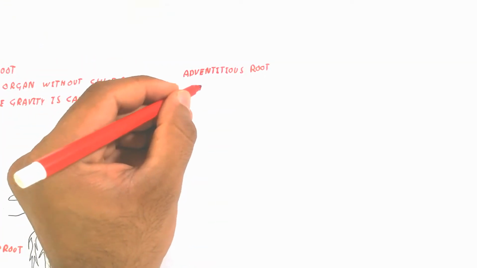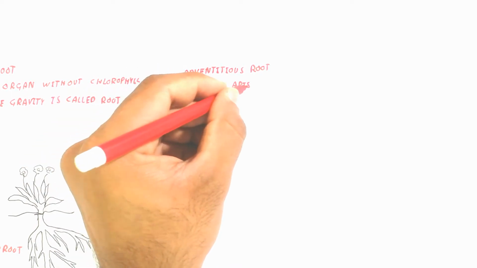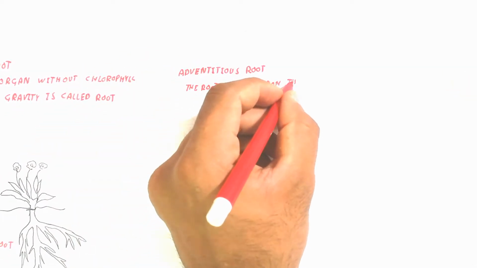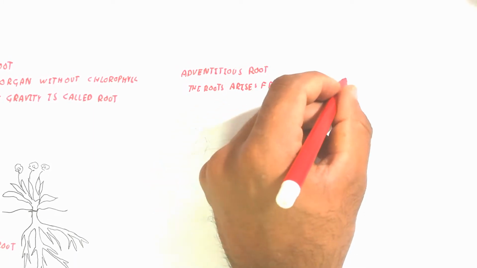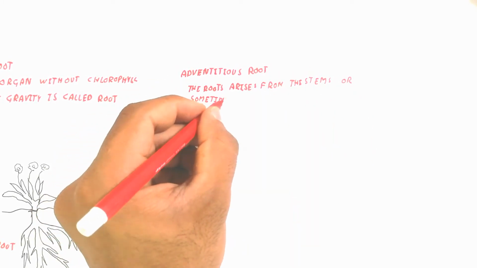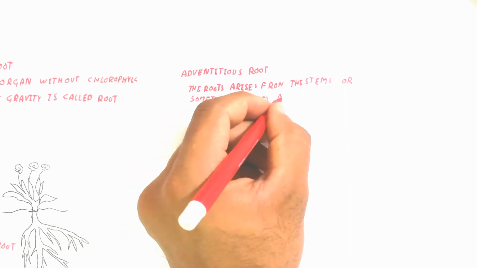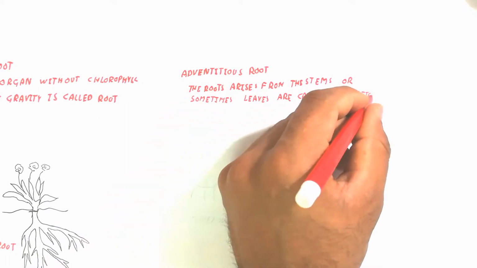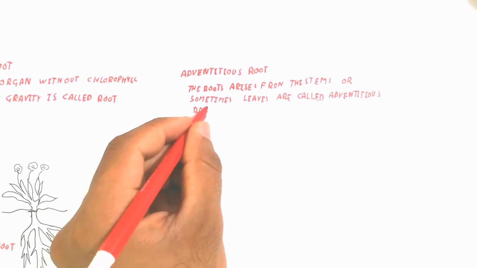So here is the adventitious root. We will talk about the type of root in the form of adventitious. The root that arises from the stem, or sometimes leaves, is called adventitious root. There are tuberous roots and fibrous roots, which are basically their characters.